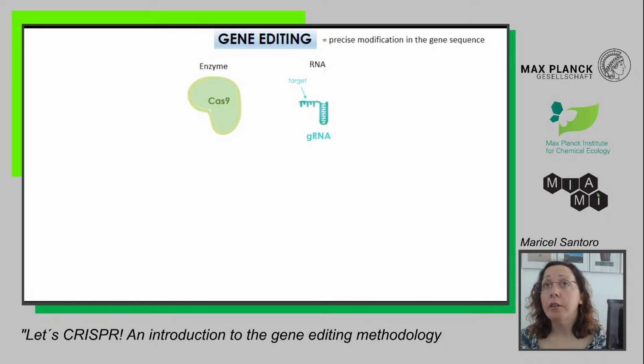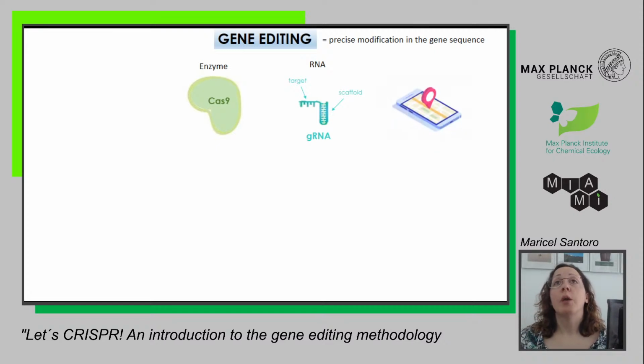There is a target sequence, which is a specific sequence that we can modify, depending on which gene in the organism we want to target or mutate. And there is another part which is called the scaffold, which interacts with the enzyme to guide this worker to act on the DNA.